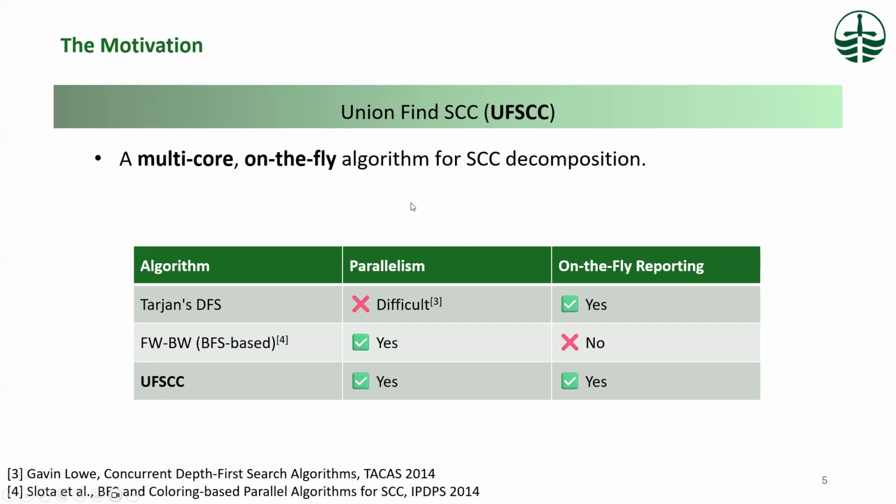Why is Tarjan's algorithm so difficult to parallelize? If we look at this table, we can see Tarjan's DFS is extremely difficult to parallelize because DFS, we know, is P-complete.